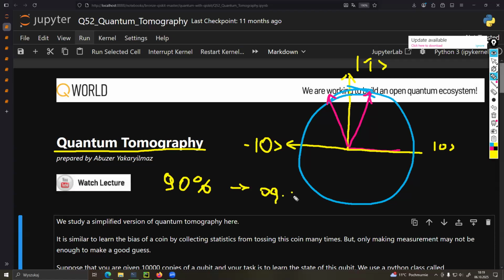And then I can evaluate where am I on the unit circle.